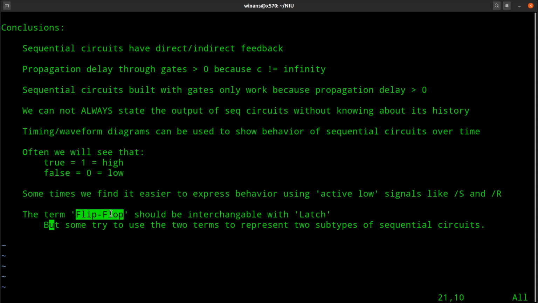So, it's okay when we speak to be compatible with people that decided to prescribe meaning to these two words. All right? But as far as I'm concerned, those two words mean the same thing. I will refer to these two subtypes, as you will see as we go along, as edge-sensitive and level-sensitive latches.